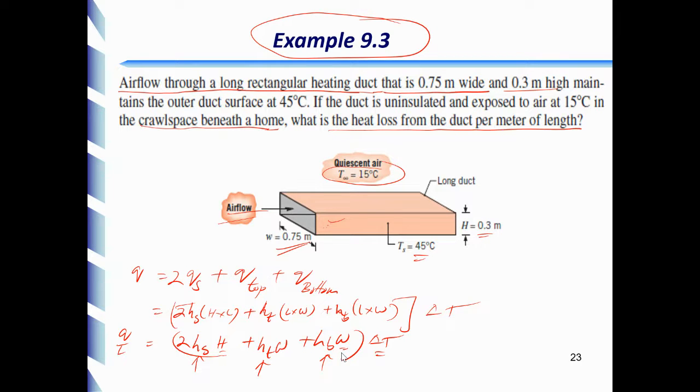So we need to determine this coefficient when you consider the vertical plate, when you consider the horizontal plate top, and the horizontal plate bottom. So which surface is facing upward, which surface is facing downward. So calculate one by one.